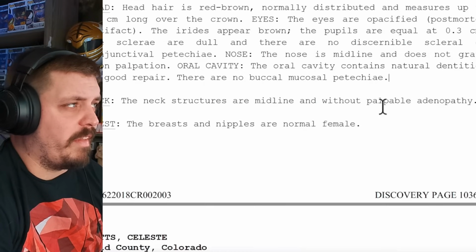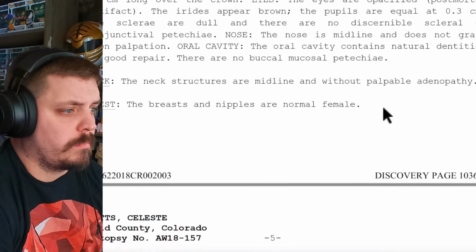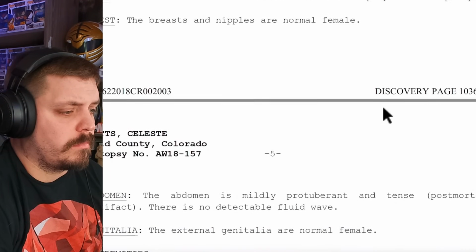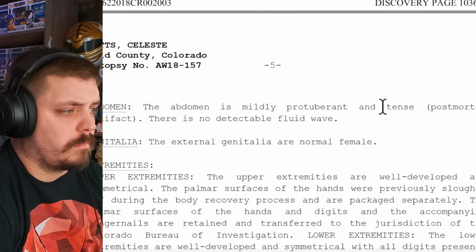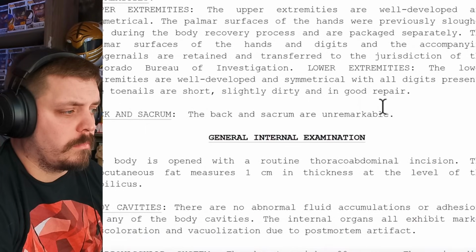Although I don't believe that. Cece may have been alive at the time she went to the oil, she may not have been in a full state of consciousness. Or she may have already been dead. We'll perhaps never know for certain on that. But there's no issues with her external body, all normal.